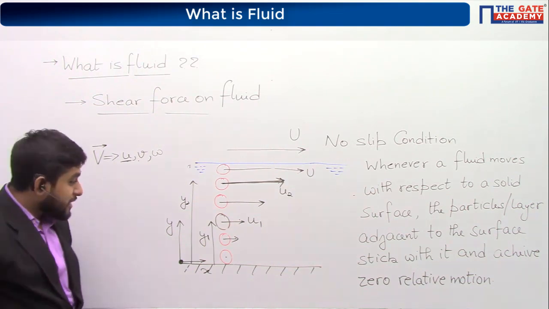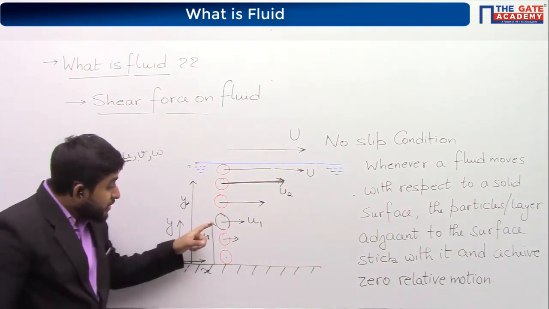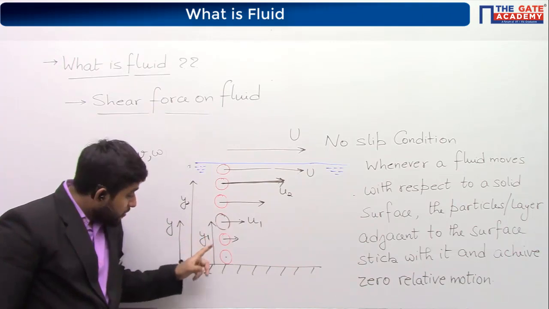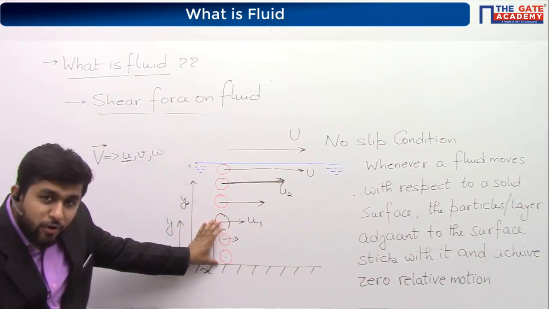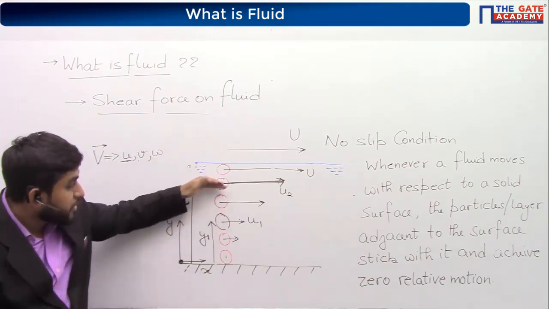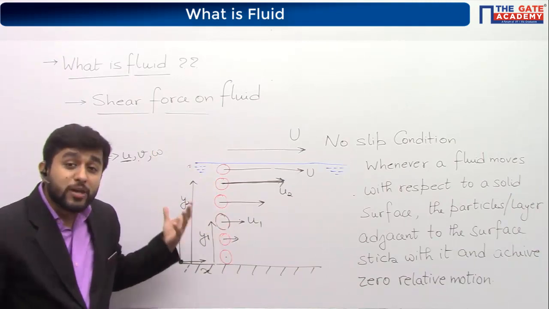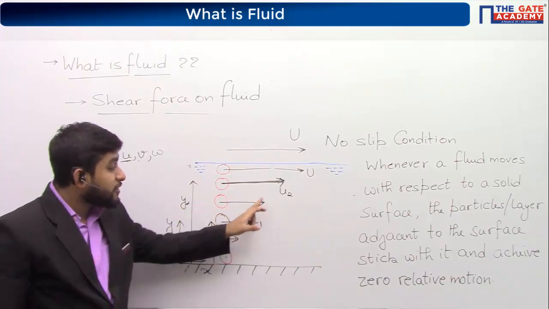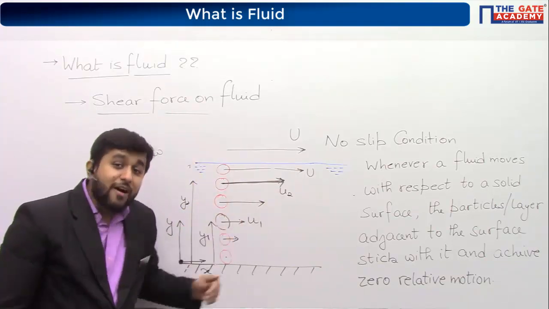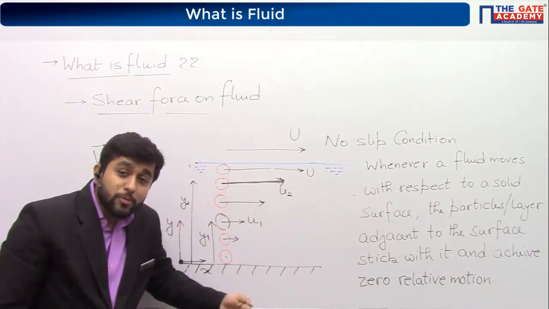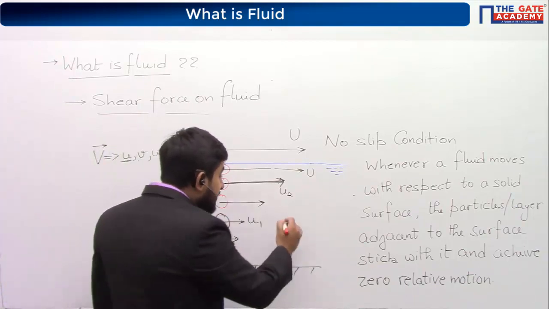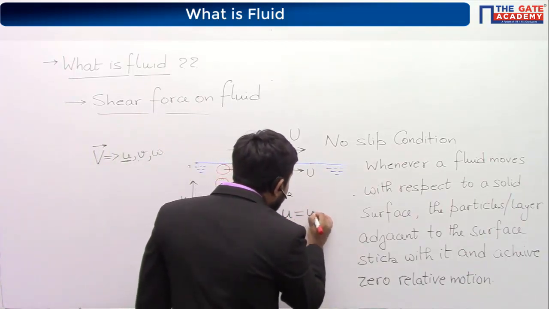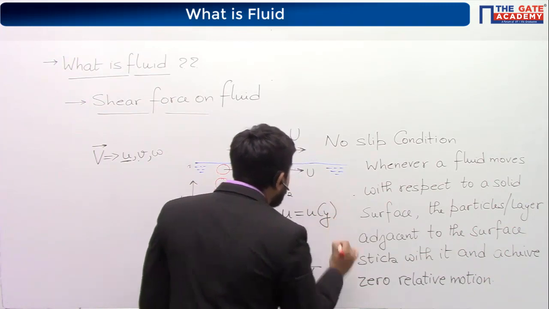No. So basically what you can say is, if the distance of a fluid particle from the solid surface is different, its velocity is also going to be different. So particles which have different y will have different velocity. Am I right?